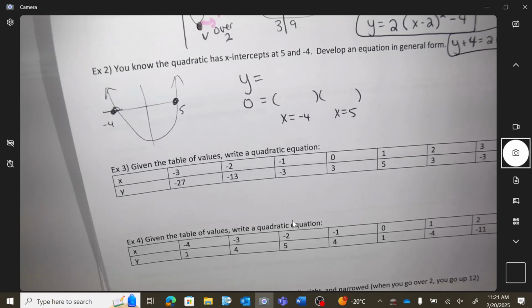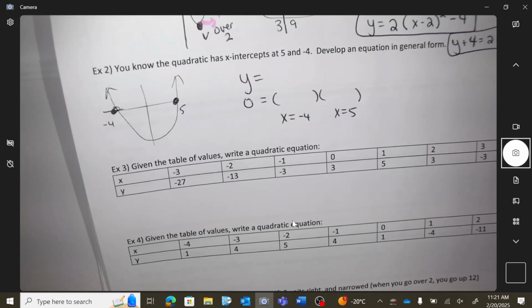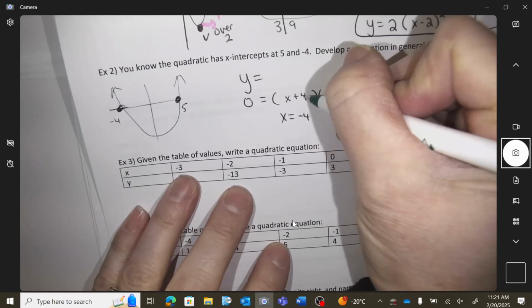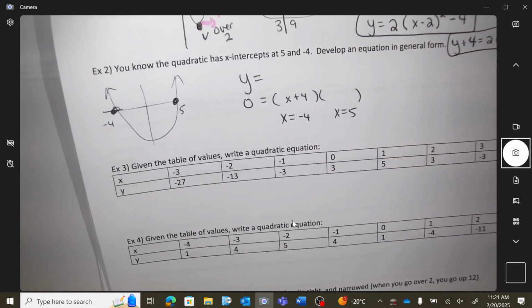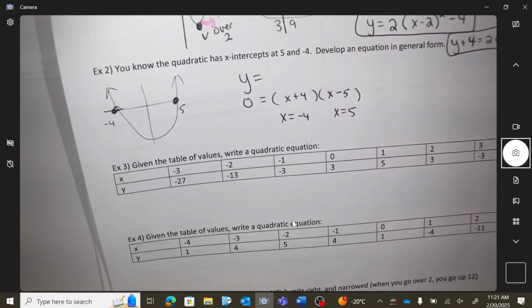Okay, so if this is the x-intercept, what's going on in that bracket? x plus 4 was in that bracket, and x minus 5 was in that bracket.